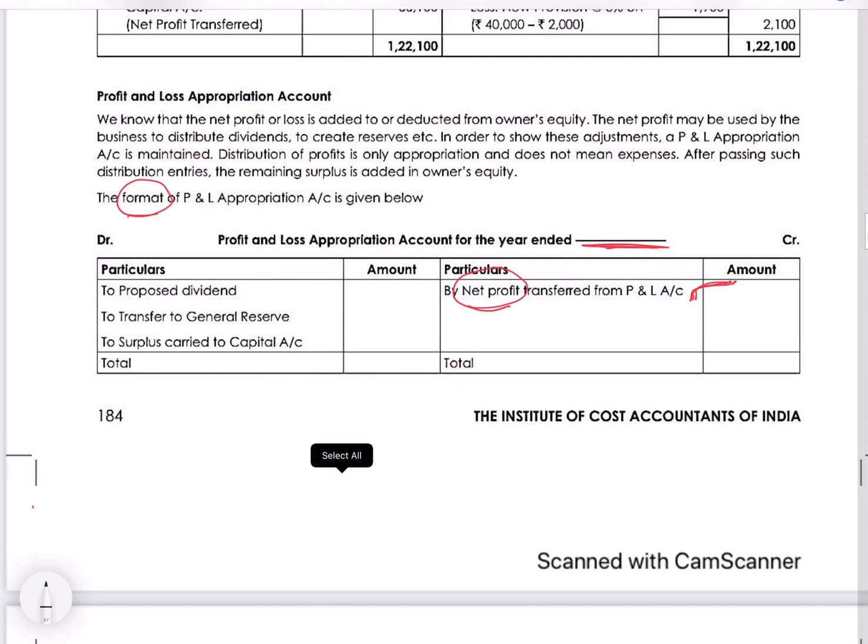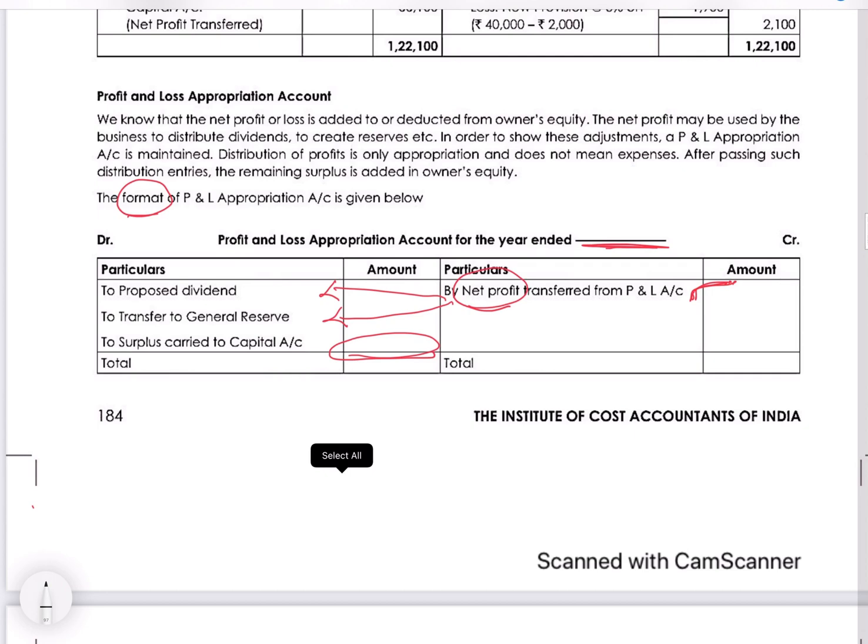If it is a private limited company, they have to give out dividends. They may not give the whole amount as dividend. Some amount of profit they may keep back and put in the reserve, so transfer to reserve. And some surplus will be kept in the same form in the P&L account, so the balance carried down.